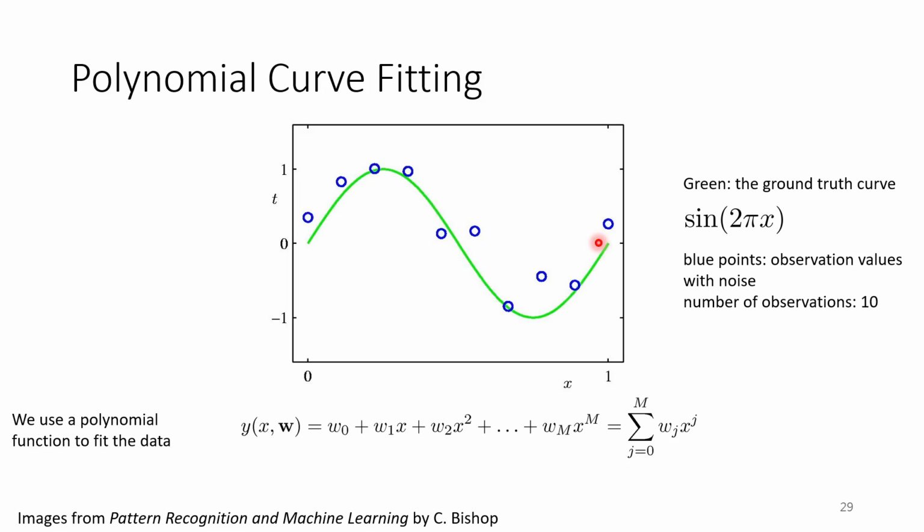And if we draw some samples from this function, they are those blue points. But you will see, why are they not on the curve? Because there is noise. Because of the noise, our observation value sometimes is greater than the sine function, and sometimes it is smaller than the sine function.